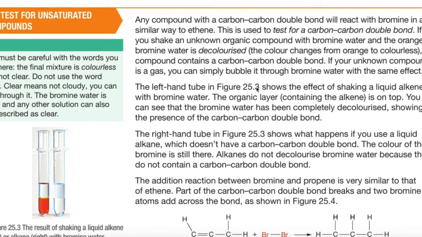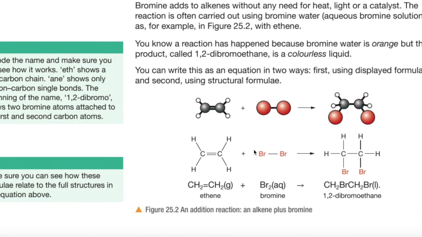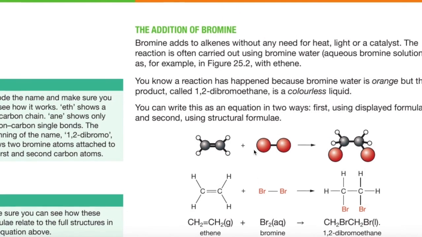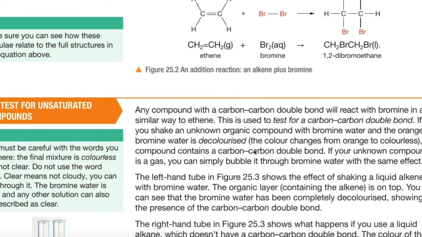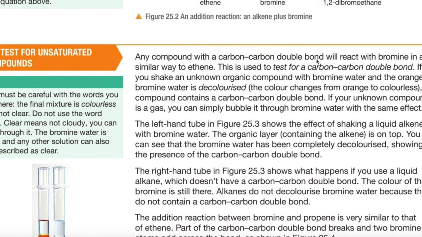Okay, so here, if you look, they are using the word decolorized. It's somewhere here, I found it for you. See, a compound with a carbon-carbon double bond will react with bromine in a similar way to ethene. This is used to test for a carbon-carbon double bond.